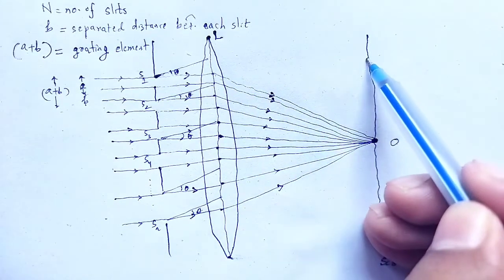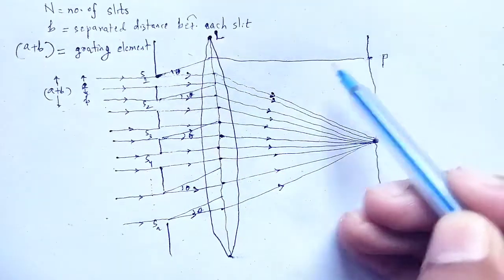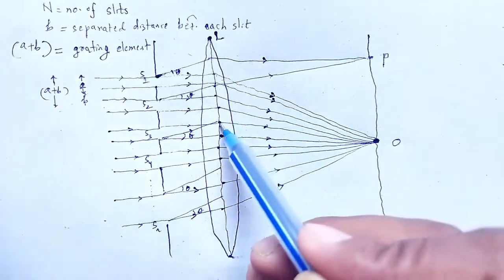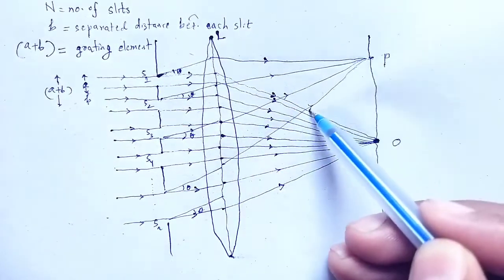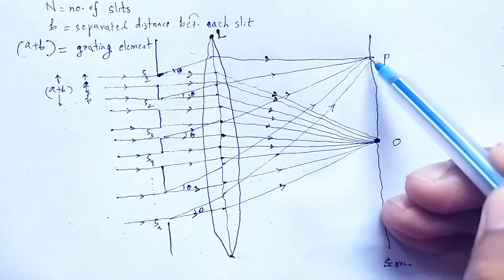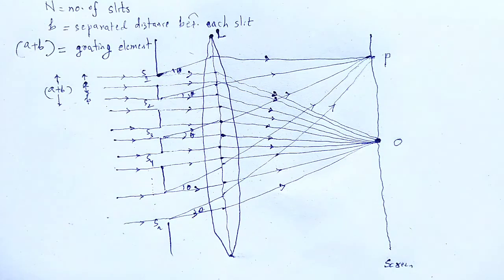After diffraction, they focus at point P. You have to observe what the intensity at point P is, the condition for maximum or minimum.